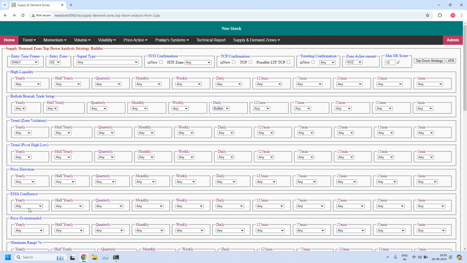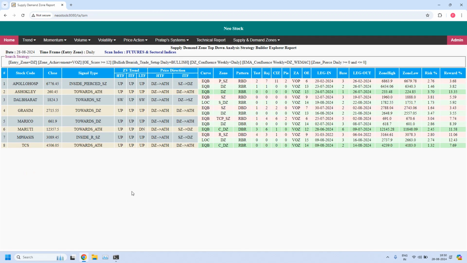EMA confluence doesn't make sense in sideways, but otherwise it works. Okay, we have EMA confluence. We are checking weekly demand zone with weekly EMA confluence. This is the filter we selected. Now let's filter the stocks.